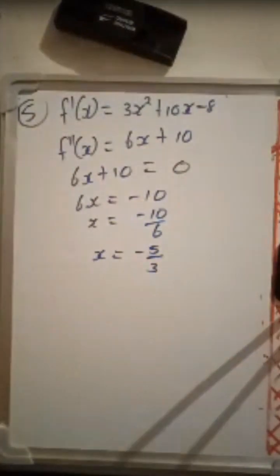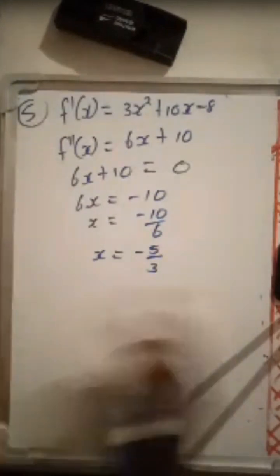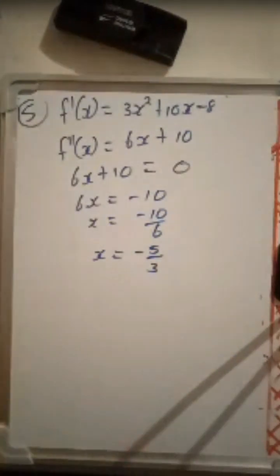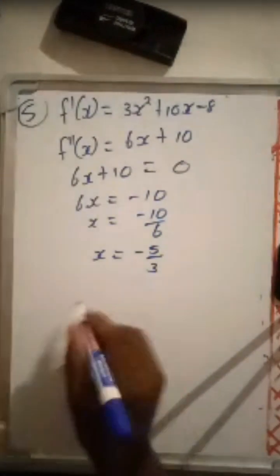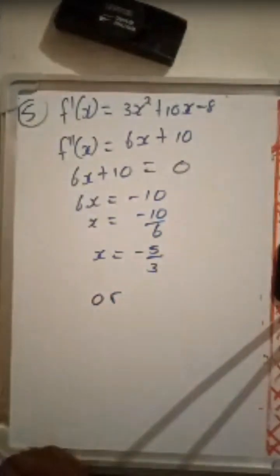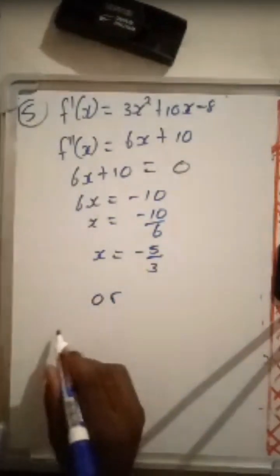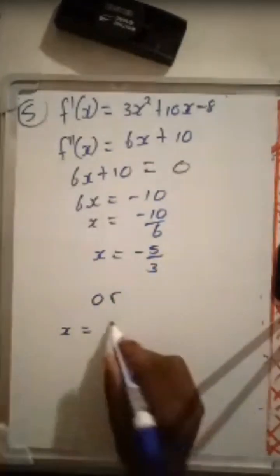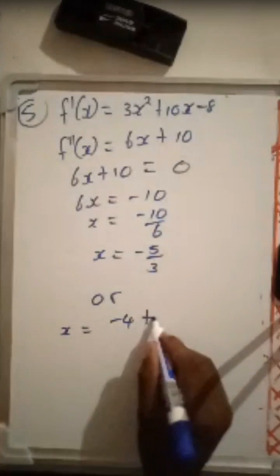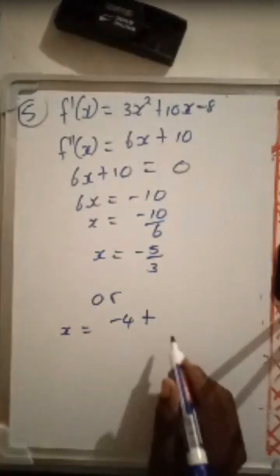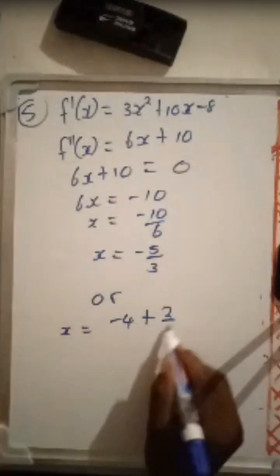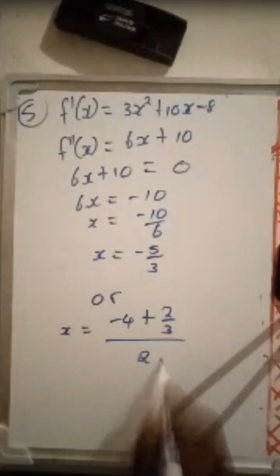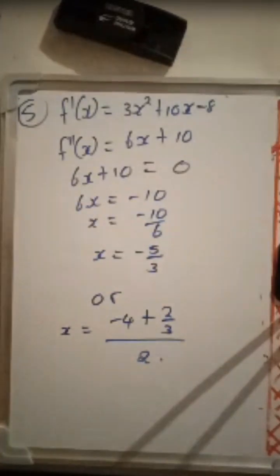So in order to get this one, it's so simple. We have the turning points. The point of inflection is in between the turning points. The other method: we take x equals negative 4, add the other turning point's x coordinate, 2 over 3, then divide that by 2. If you check that, that should give you the point of inflection.